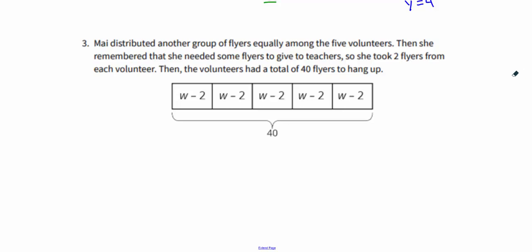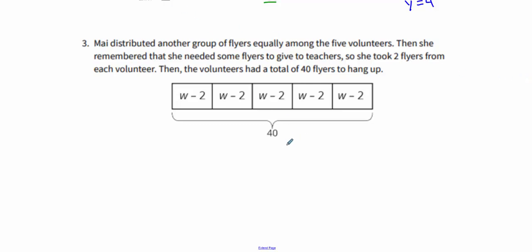Number 3. May distributed another group of flyers equally among the 5 volunteers. Then she remembered that she needed some flyers to give to teachers, so she took flyers from each volunteer. Then the volunteers had a total of 40 flyers to hang up.